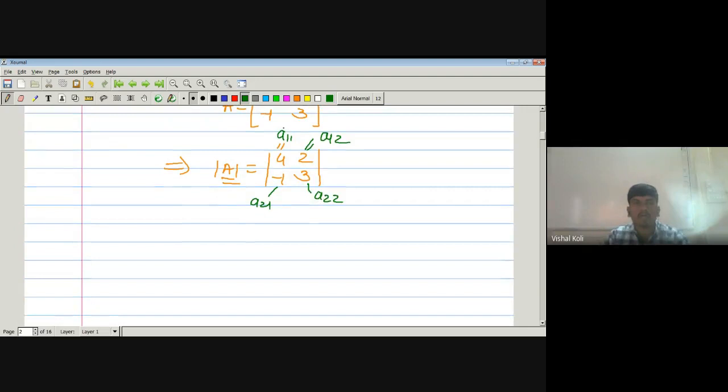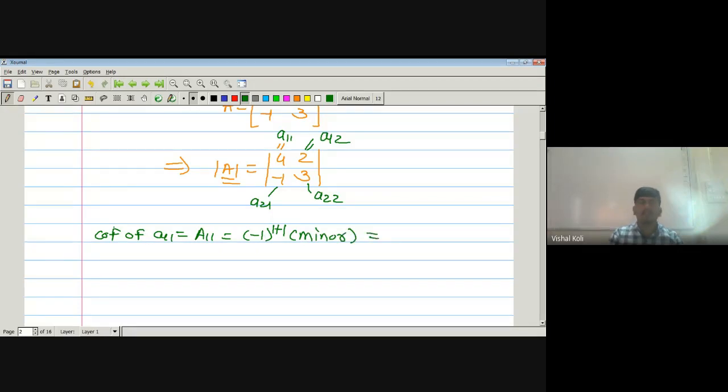Now we have to find the cofactor of A11, which is denoted by capital A11, and which is nothing but minus 1 to the power 1 plus 1. That is, the cofactor of the element Aij is minus 1 to the power i plus j into its minor.